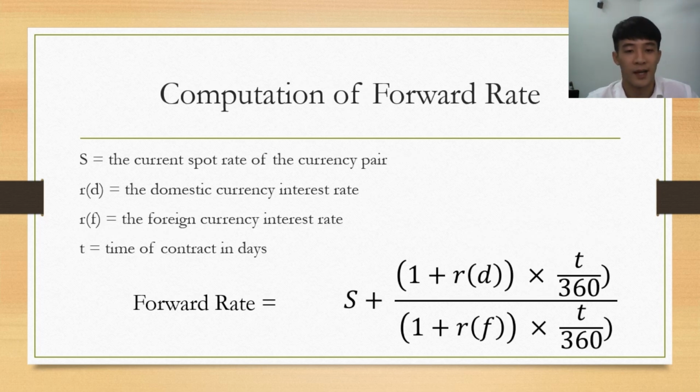So next is how to compute a forward rate. The forward rate equation uses the spot rate of the currency pair, where RD is the domestic currency interest rate, RF is the foreign currency interest rate, and T is the time of the contract in days.